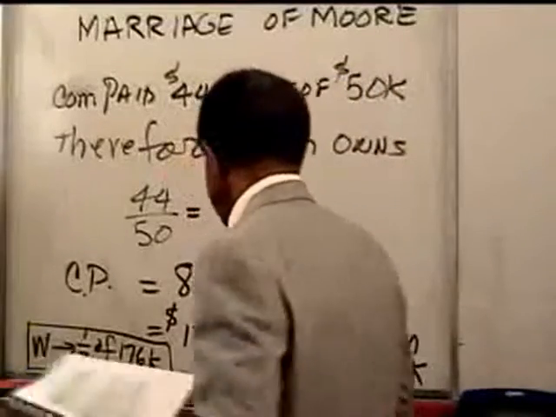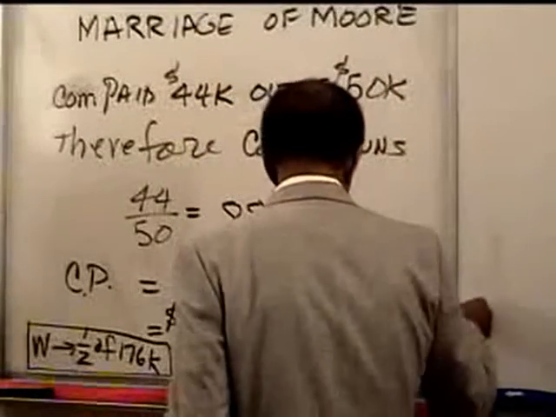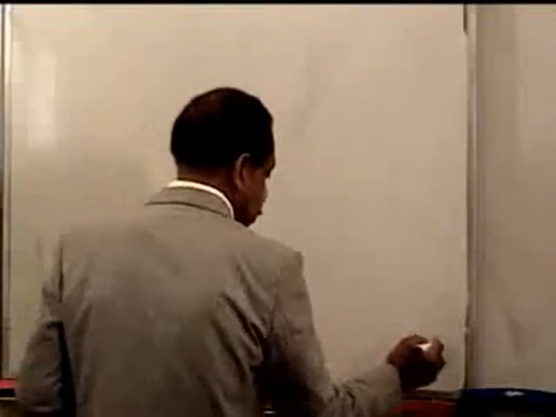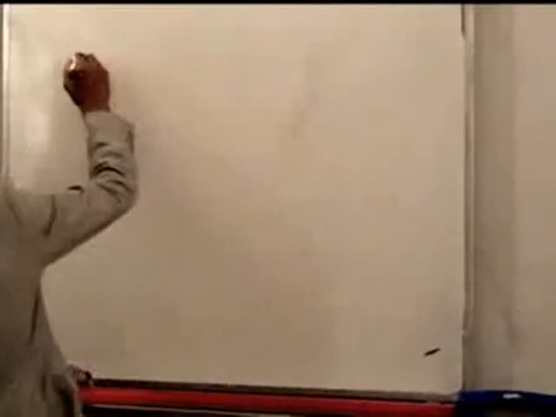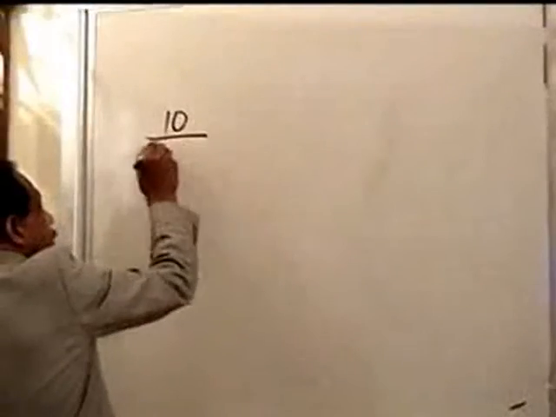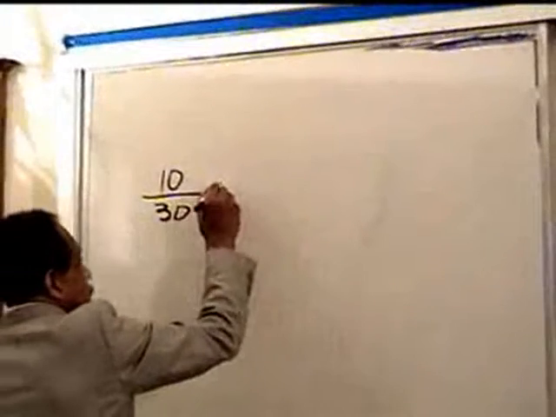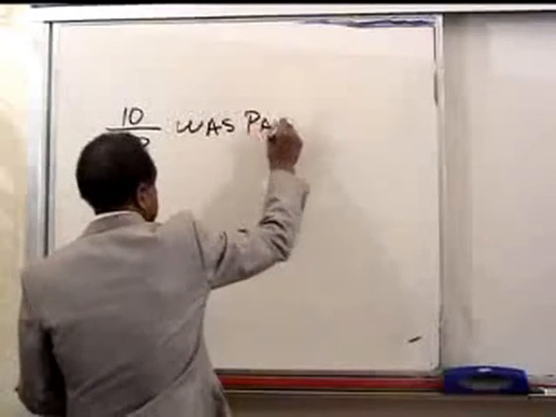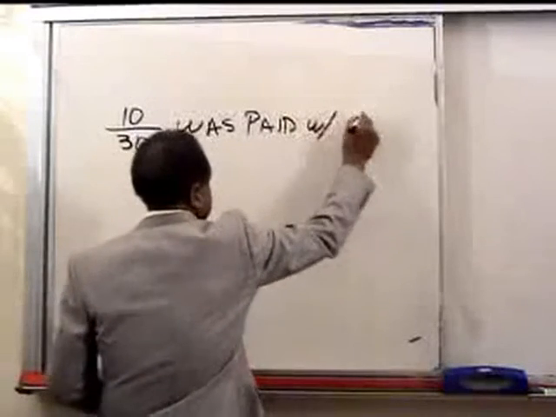Now, $10,000 was paid for with community property money. Let's take a look at that. So, 10,000 out of 30,000 paid with CP.